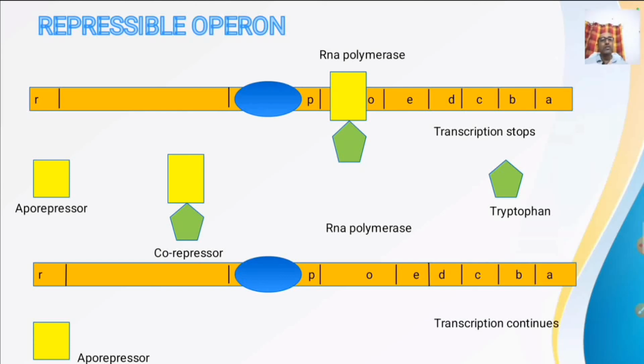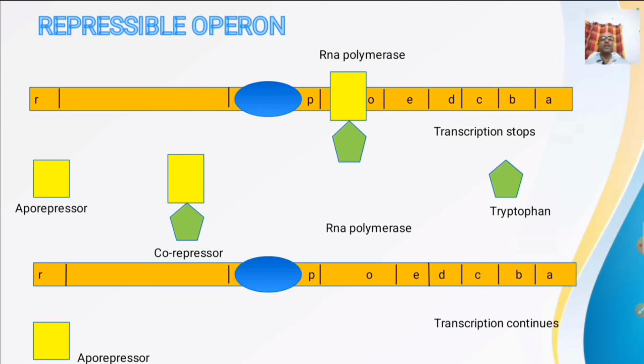So the transcription is stopped because the co-repressor, that is the aporepressor and tryptophan complex, is bound to the operator region.